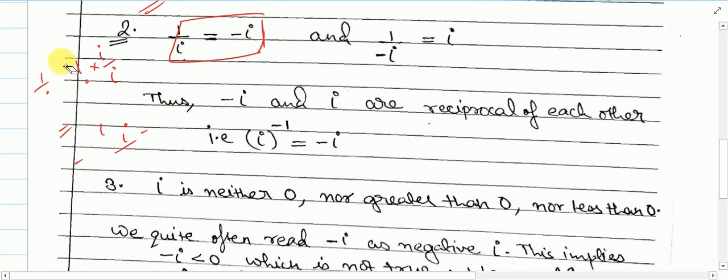So you got that, and 1 upon minus i is equal to i, clear.